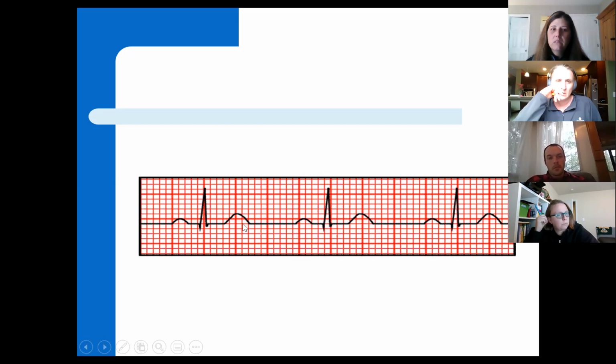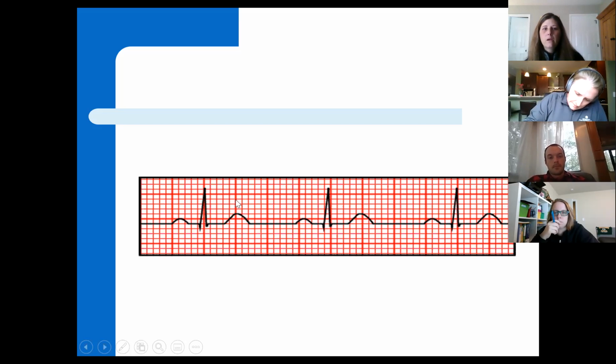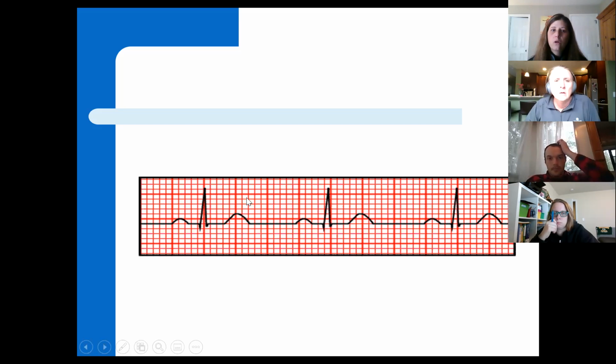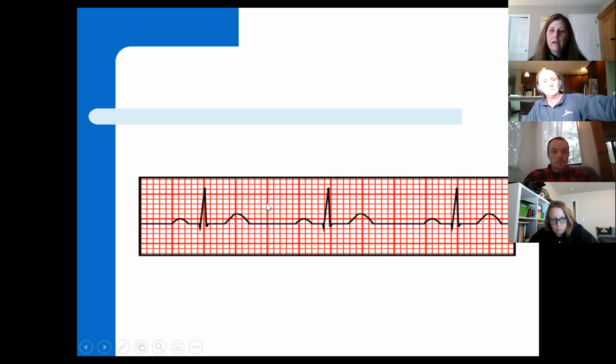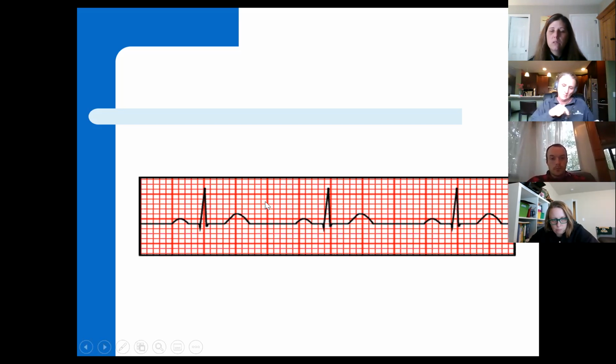Is everybody able to see that? So 0.04 for each little box times 1, 2, 3, 4, 5 gives us each bigger box surrounded by 4 dark red bold lines, which means that across from left to right is 0.20. Does anyone not understand that? If so, unmute yourself and just tell me.